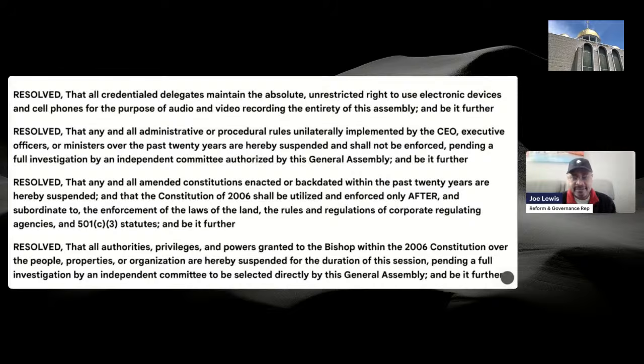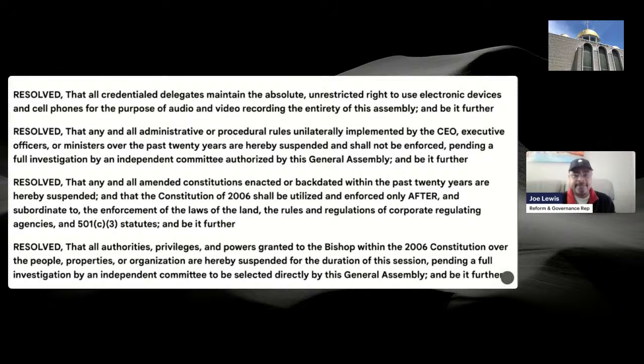And be it further resolved that all authorities, privileges, and powers granted to the bishop within the 2006 Constitution over the people, properties, or organization are hereby suspended for the duration of this session, pending a full investigation by an independent committee to be selected directly by this General Assembly.